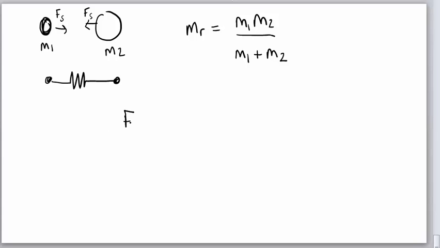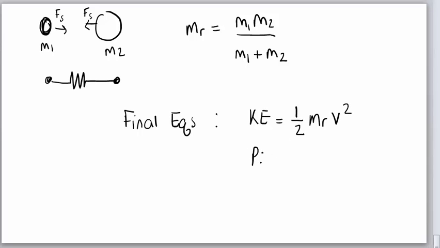Now that we have this reduced mass that tells us how this system behaves, we have a few final equations. Kinetic energy is equal to 1/2 mv squared, so we're going to use reduced mass, 1/2 m_r v squared. We have potential energy, and we use the Lennard-Jones potential there, and that's going to be equal to 1/2 k (x minus xe) squared, based on our previous derivation.